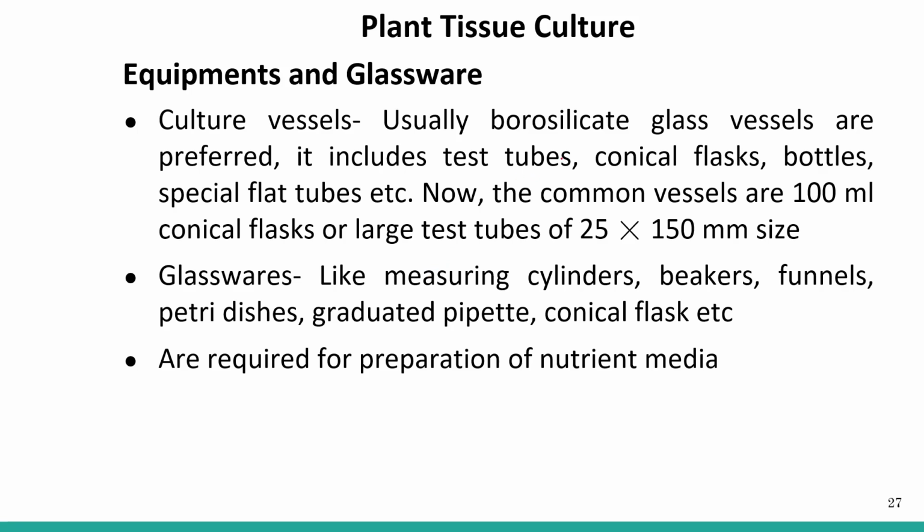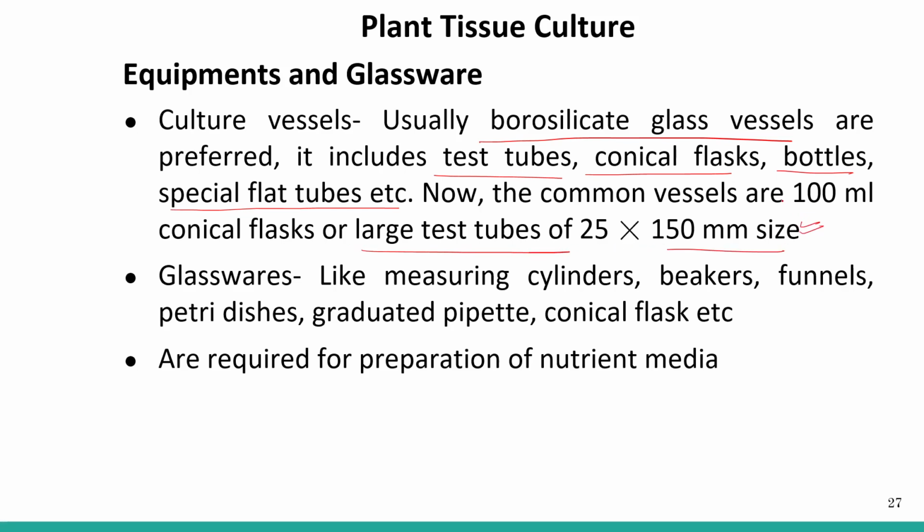Culture vessels: usually borosilicate glass vessels are preferred. It includes test tubes, conical flasks, bottles, special flat tubes, etc. Now the common vessels are a 100 ml conical flask or a large test tube of 25 x 150 mm size.